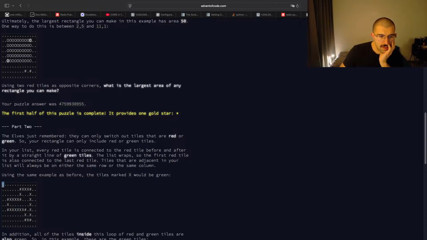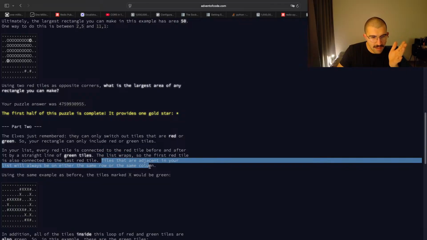Like this one is also connected to this tile apparently. The list, I'm assuming it's the input list. The tiles that are adjacent in your list will always be on either the same row or the same column.